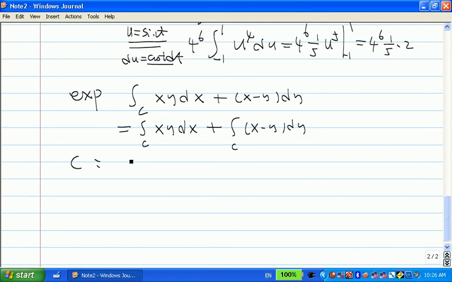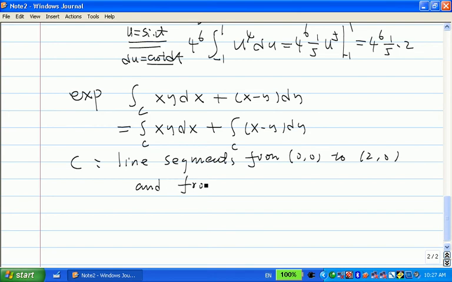The curve C here is a line segments from point 0, 0 to 2, 0, and from 2, 0 to 3, 2.